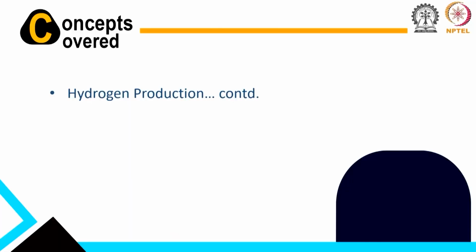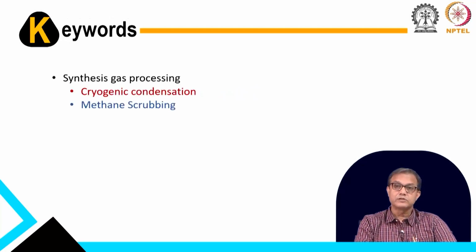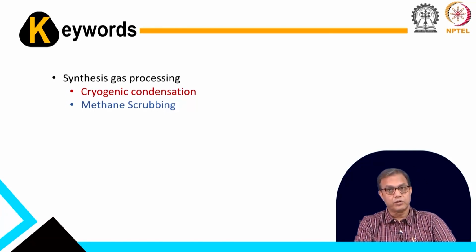The concept is still hydrogen production, and we will be talking about synthesis gas processing. Particularly here comes the role of cryogenics, and we will see how cryogenic condensation and methane scrubbing, depending on the concentration of the CO, H2 and CH4 mixture, are in use.